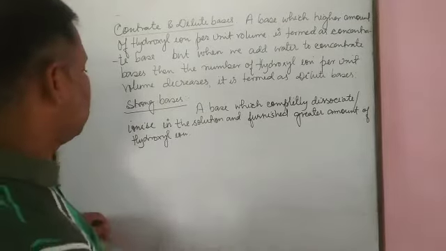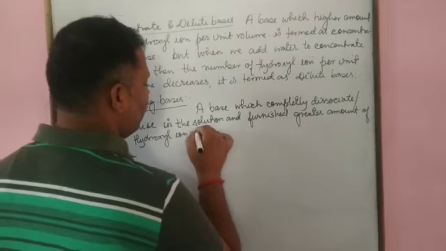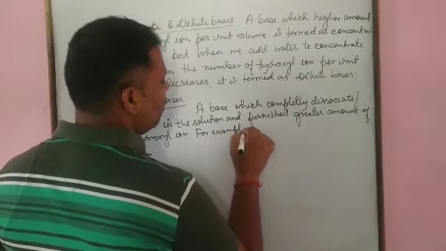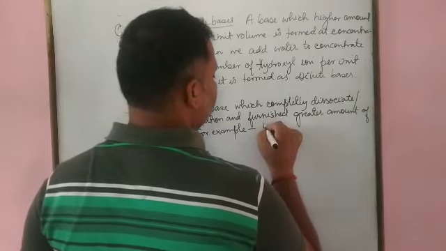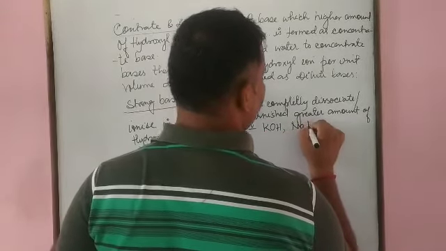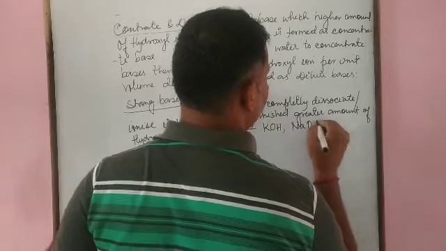Next we will discuss examples. For example, we have potassium hydroxide, we have sodium hydroxide.